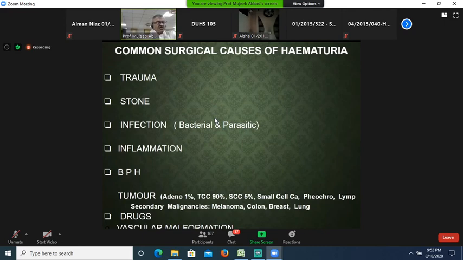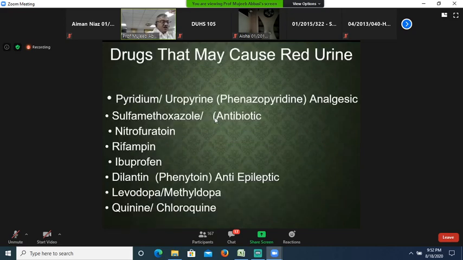Now, these are the medications which cause hematuria. Pyridium, Urogesic, phenazopyridine, it has different names in different places, but it's an analgesic. Sulfamethoxazole is an antibiotic. Nitrofurantoin again is one.